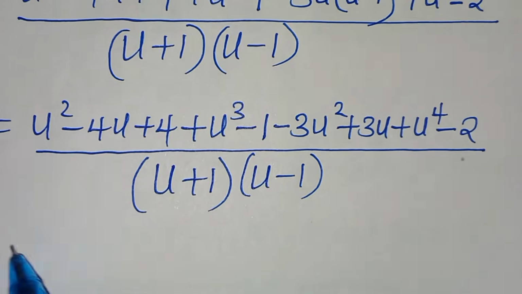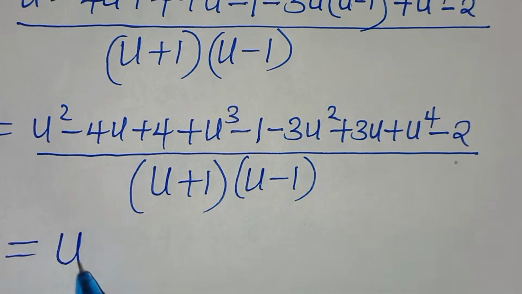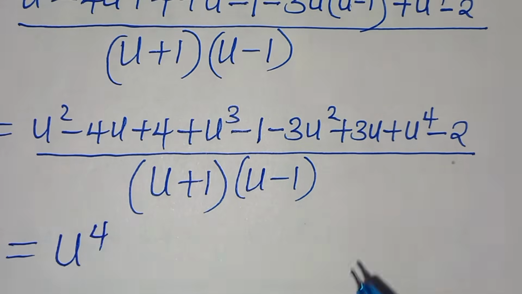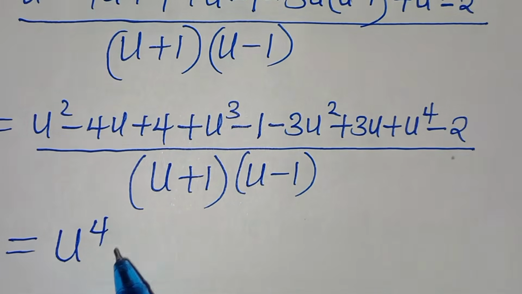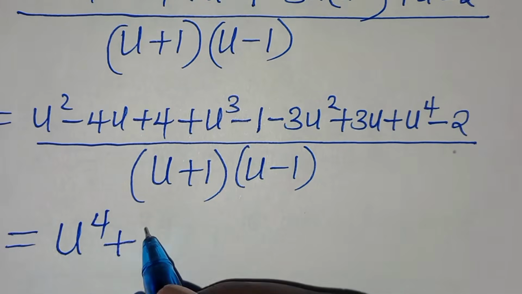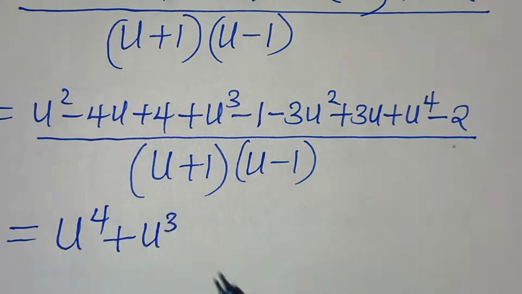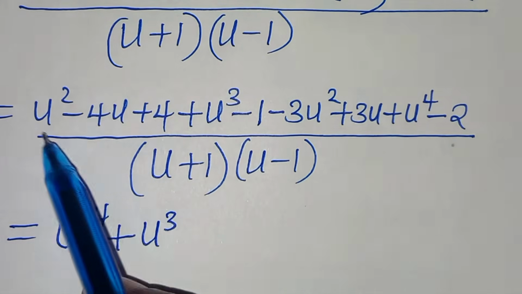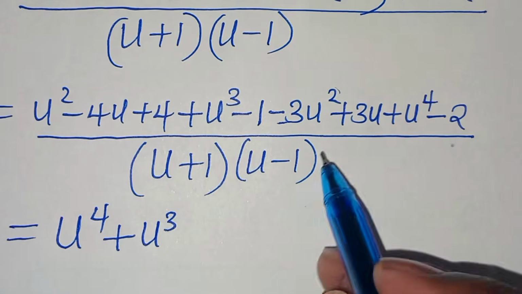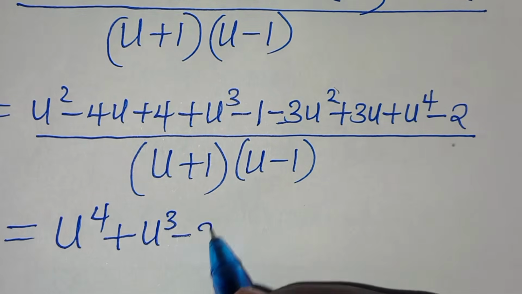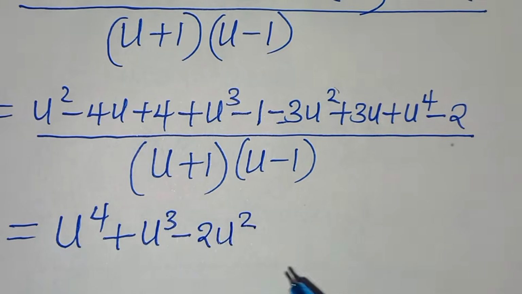Now, the next step from here, let's start here. We have u to the power of 4, so we can rearrange this as u to the power of 4. Then we have u to the power of 3 here, so we have plus u to the power of 3. Then we have u squared minus 3u squared, so this is minus 2u squared.